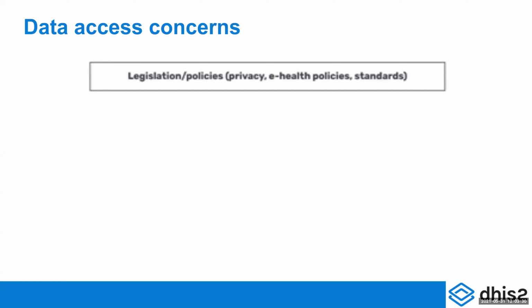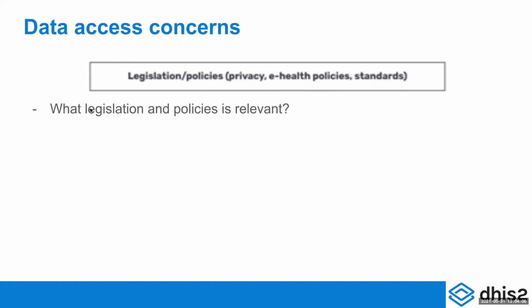The other thing you have to take into consideration when you're building your data access design is the legislation and policies. And I do have a Menti for you guys. That's on the next slide. And before we go to that, the questions you should ask yourselves is which legislations and policies are relevant for you, and which ones do exist.